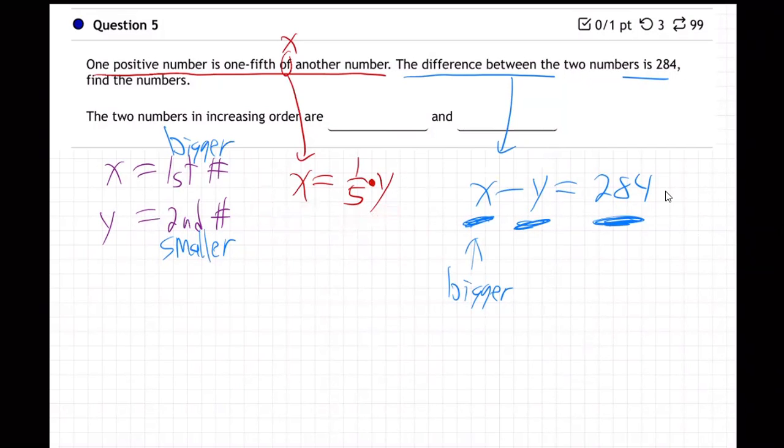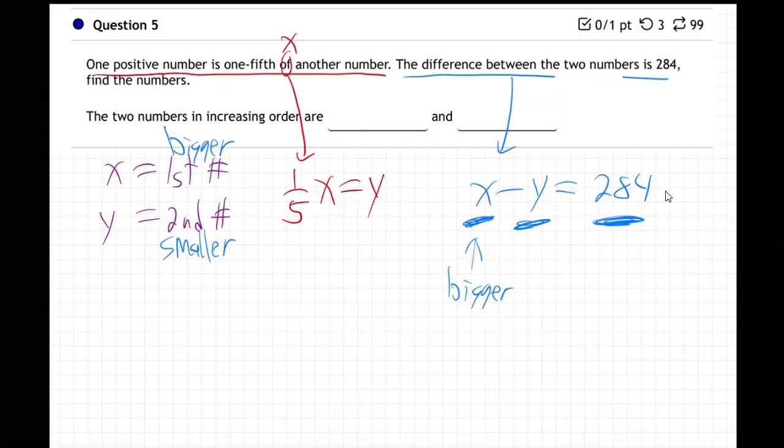Is that making any sense? Am I losing you? I've got to take 1/5 of the y. Wait, no, the x. I'm getting confused. 1/5 of the x to be the y.